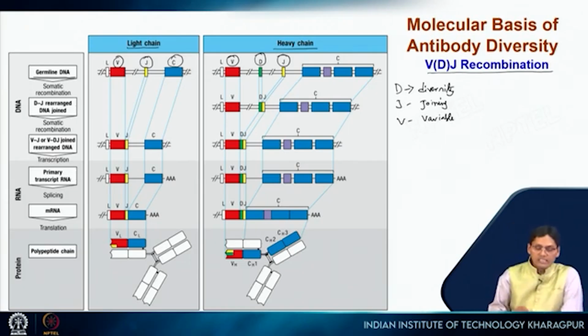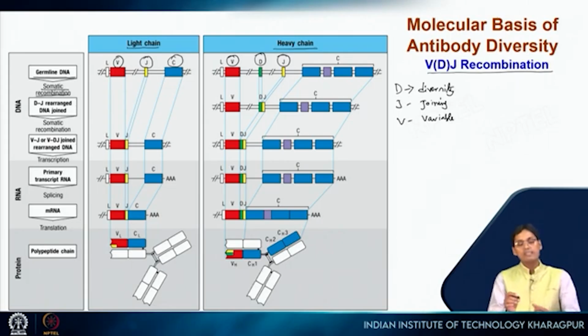Now, what is happening? They undergo a kind of recombination that is called somatic recombination. As a result, in the case of the light chain, when V and J join together, some kind of shuffling happens. Here you can see V and J joined together, and the constant domain is also coming.